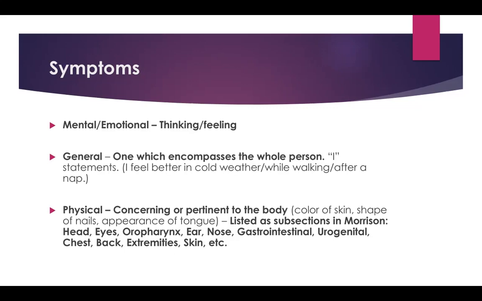So you won't find the same headings or subheadings in every remedy because it depends on the remedy and what parts of the body it affects. But when you do your themes, you'll just have physical. You don't need to divide them into all the subsections that Morrison has.